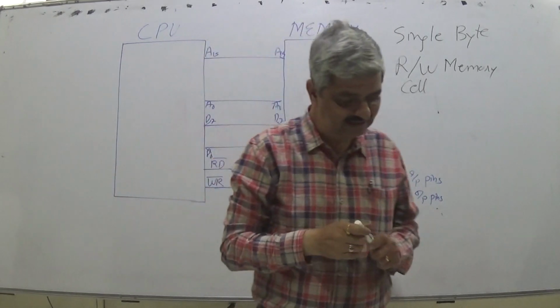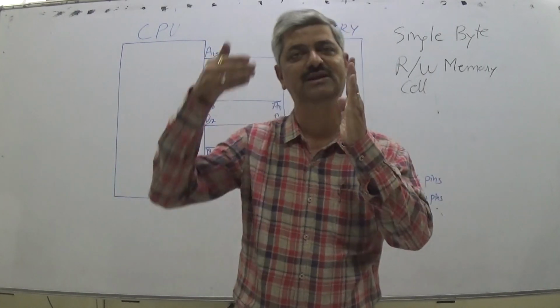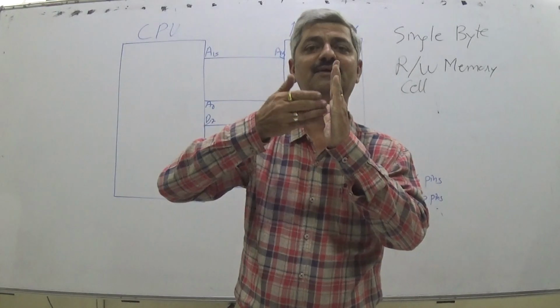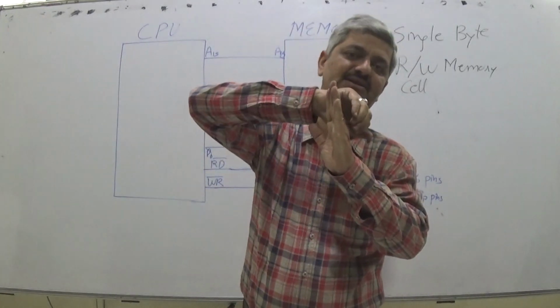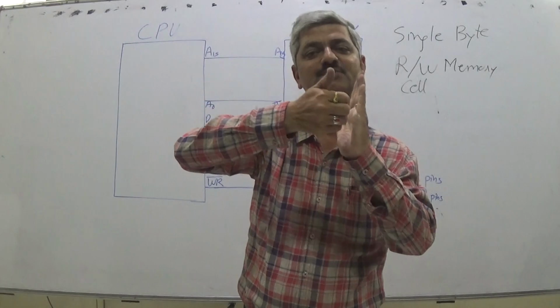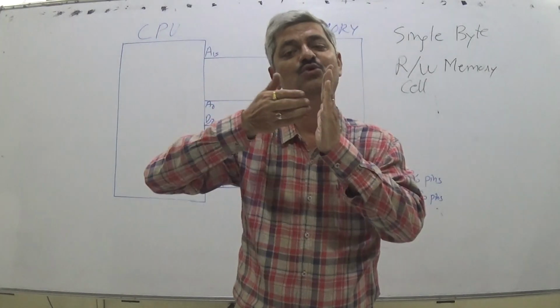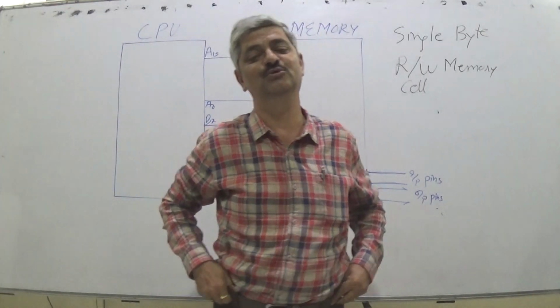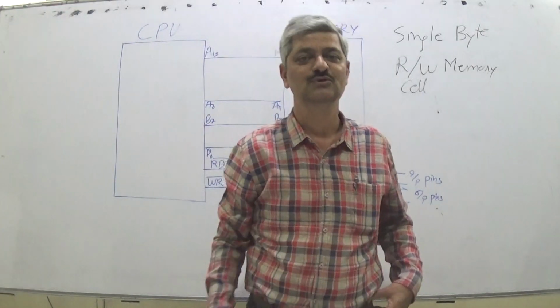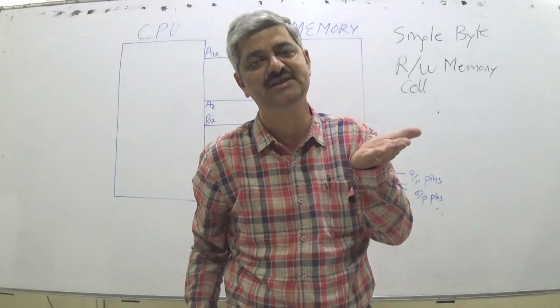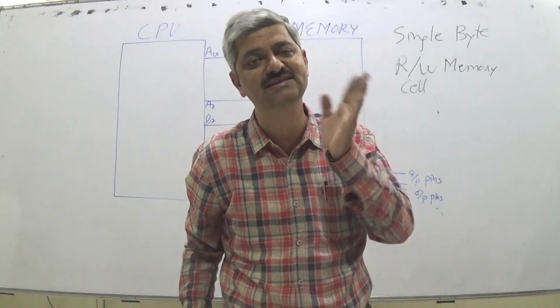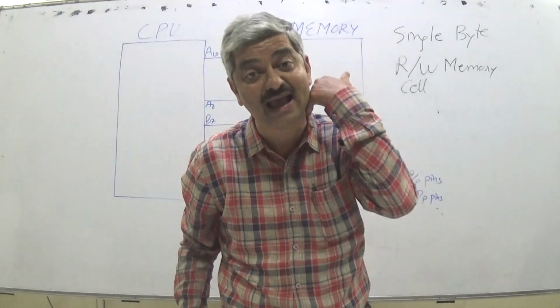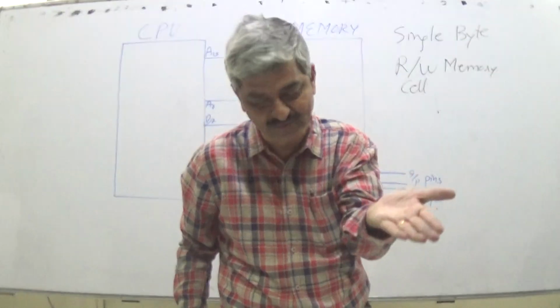When it is a single byte read-write memory cell, it has only 8 lines, and whatever is written into it or taken from it is accessible only through the data lines, and that is accessible to the microprocessor. Unless that location is referred to, what is there is not known to me as an individual human being.